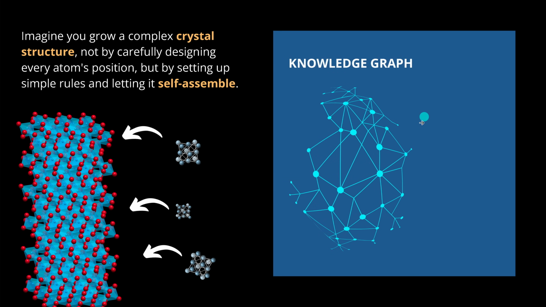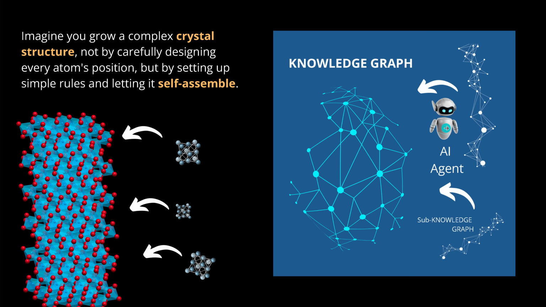So what do we have? We have a knowledge graph, a typical knowledge graph that you know. And then we say, okay, we have an AI agent, and this AI agent is reasoning on a particular topic. Given the inherent knowledge and training of this AI agent, it produces a reasoning trace.